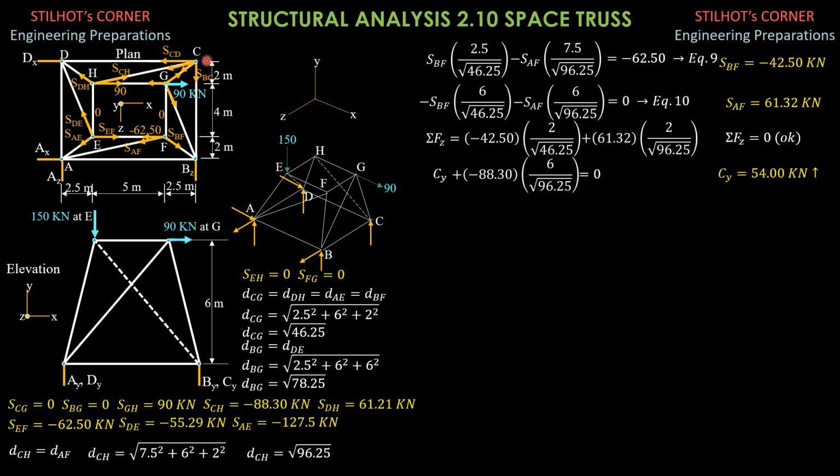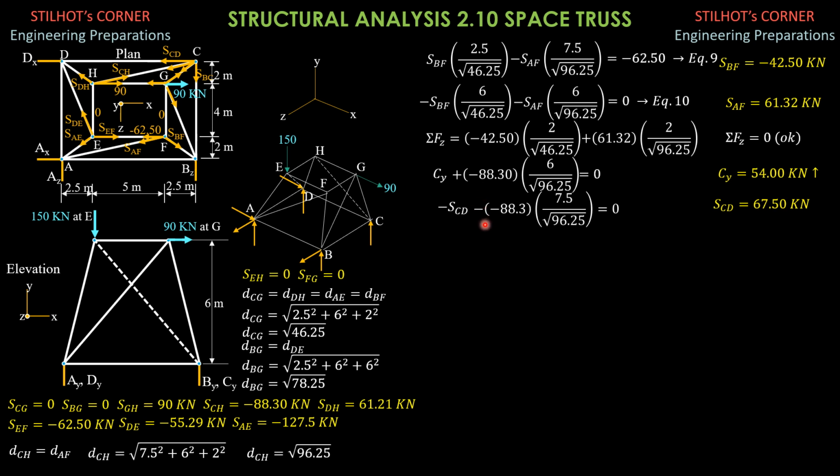Summation forces X equals 0, negative SCD, then minus SCH, so minus quantity, negative 88.3 times 7.5 over distance, square root of 96.25. Because SCG is 0, SCH is this one, negative 88.3. So 7.5 over square root of 96.25. The X component of SCG equals 0. So from here, we can solve SCD, and it is positive 67.5 kilonewtons.